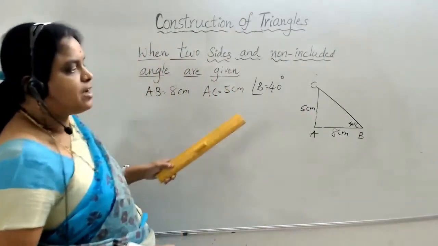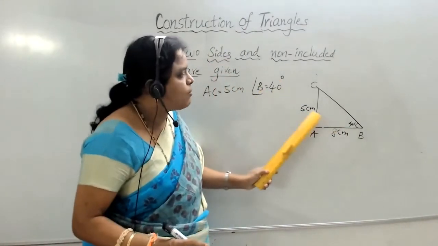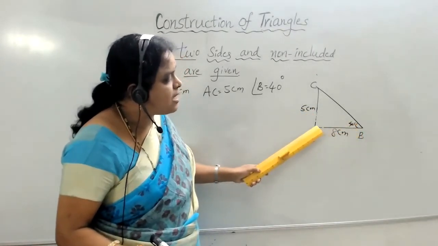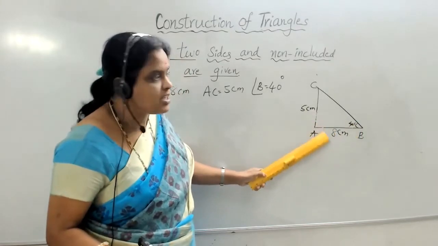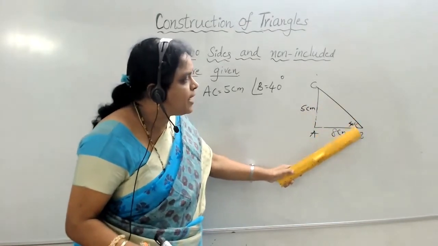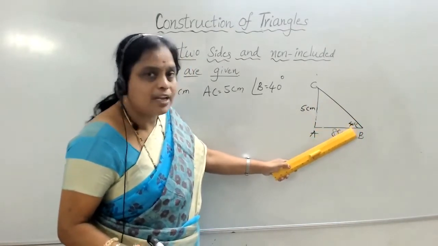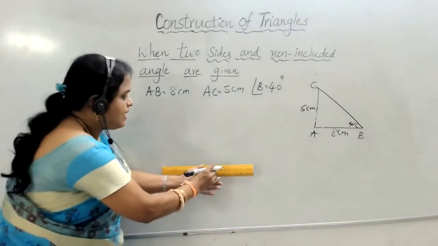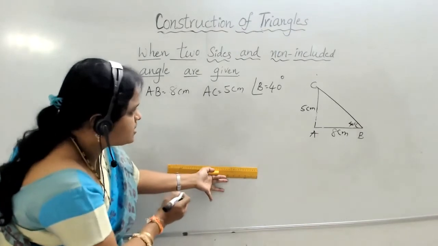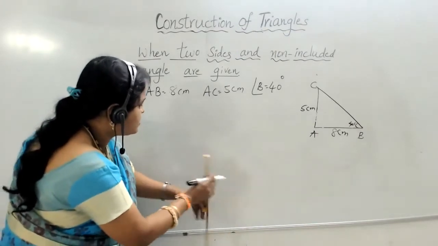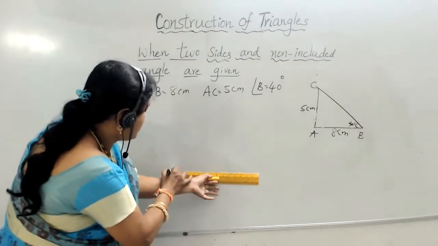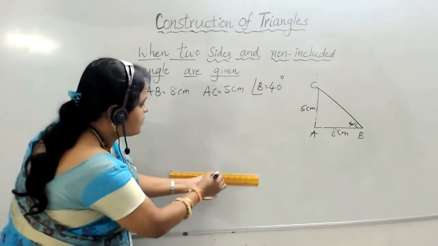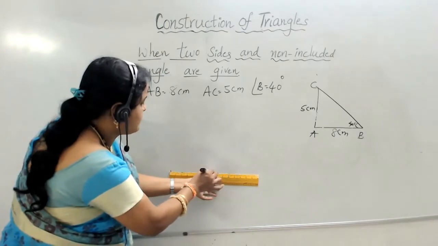Now, let us draw this triangle. These are two sides and this angle is non-included. It is not included between these two line segments, so it is known as a non-included angle. Let us draw first. We have to draw a line segment AB such that AB is equal to 8 centimeters.